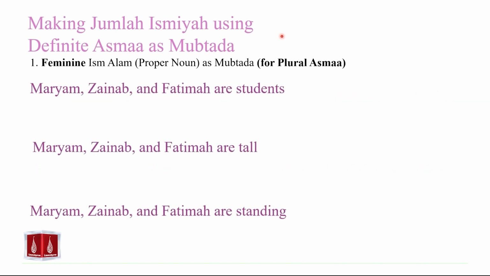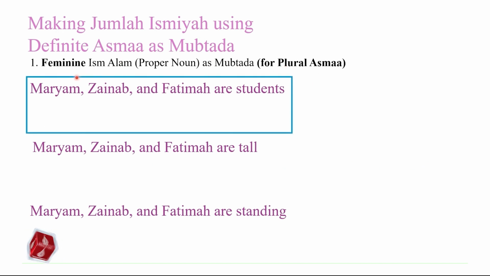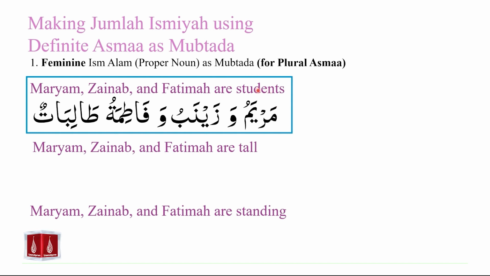Here we will practice using feminine plural asma as mubtada. For example, Maryam, Zainab and Fatima are students. Maryamu wa Zainabu wa Fatimatu talibatun.